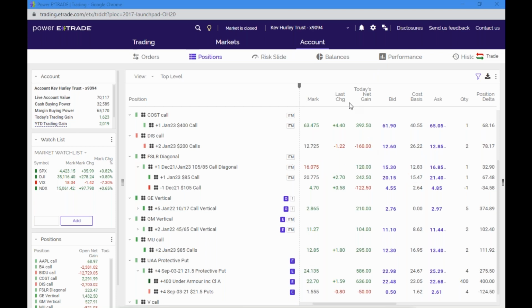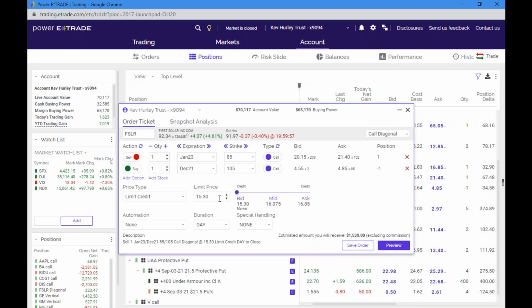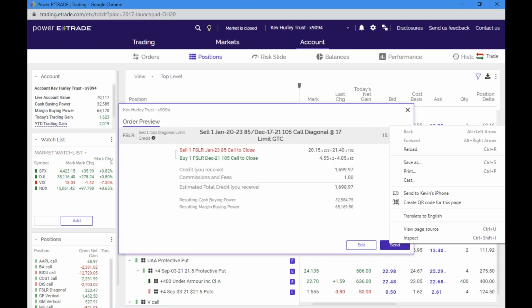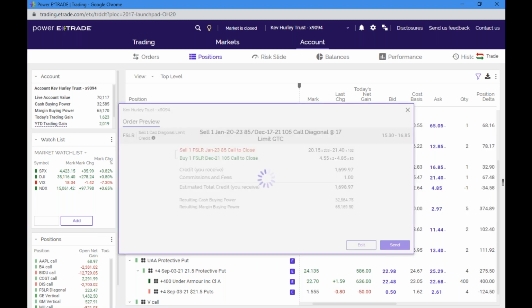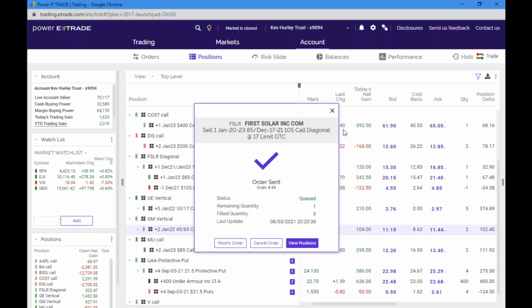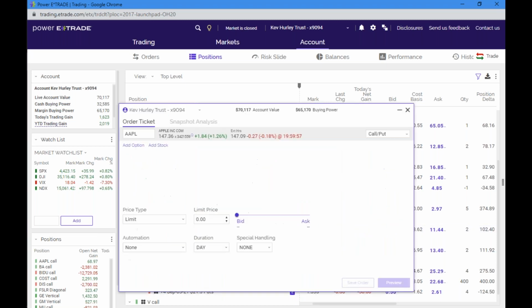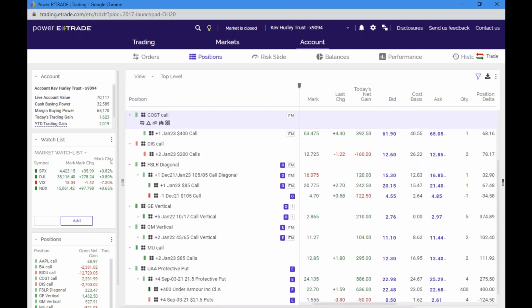So for those of you who might have followed along with First Solar, I'm looking to close this position at a limit price of $17, and I'm going to stick it out there for the next 60 days. So I'm looking to free up some cash and be ready. Kevin, when you say you're ready to free up some cash, ready for what?